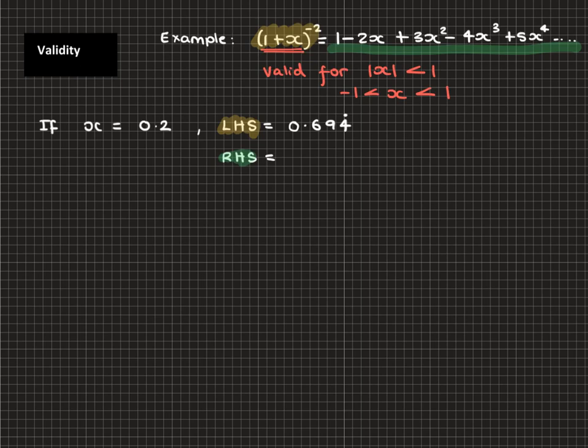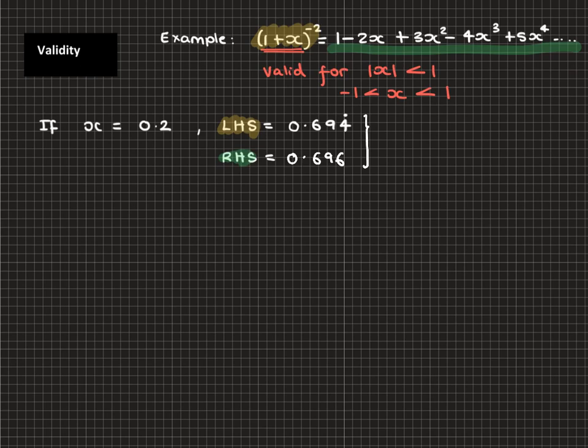Well, we get 0.696. Now, look at these. That's not a bad match, so we can see, of course, the right-hand side is an approximation for the left-hand side. (1 + x)^(-2) is a single algebraic statement, but the expansion on the right-hand side is a series of terms which approximate (1 + x)^(-2).